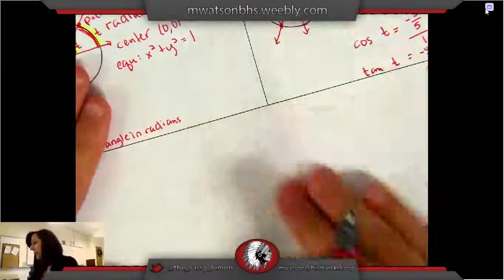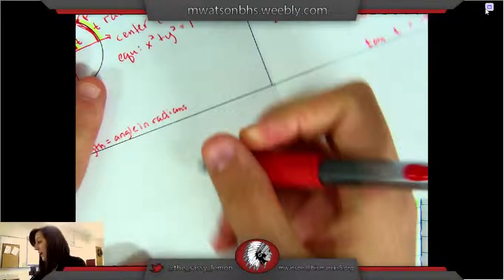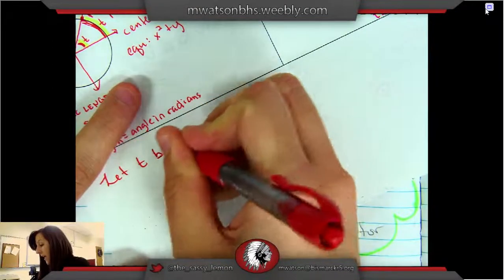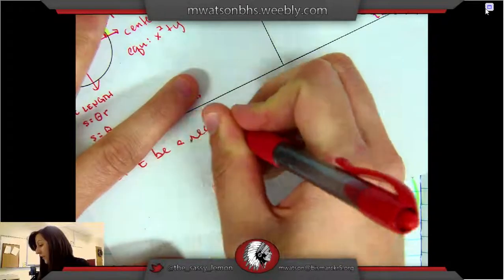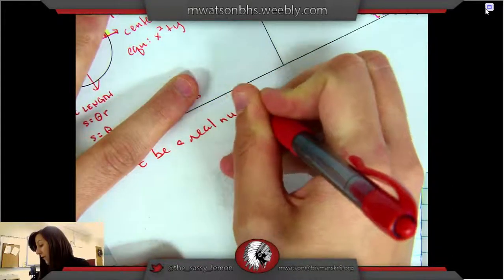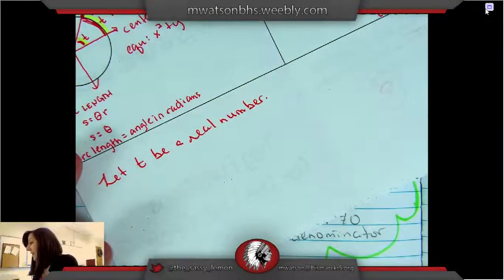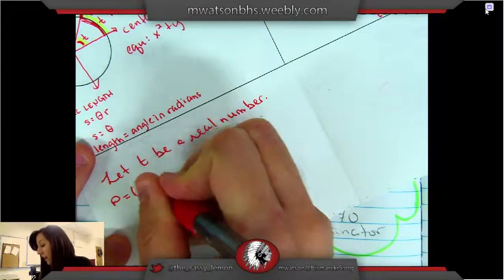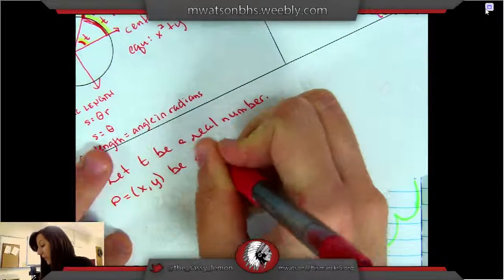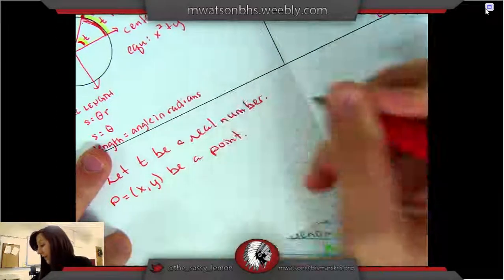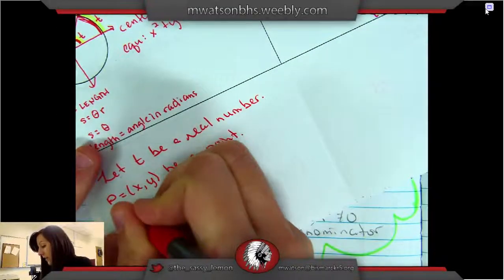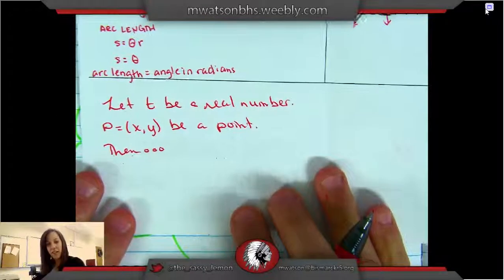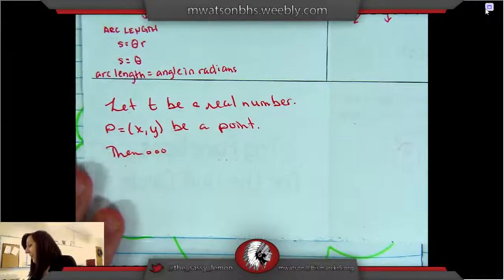Okay, so that's what we're going to do here. We're going to say, okay, let t be a real number, no imaginary numbers here, and p equals (x, y) be a point. Then, oops, I'm writing sideways, sorry. You're probably getting vertigo.